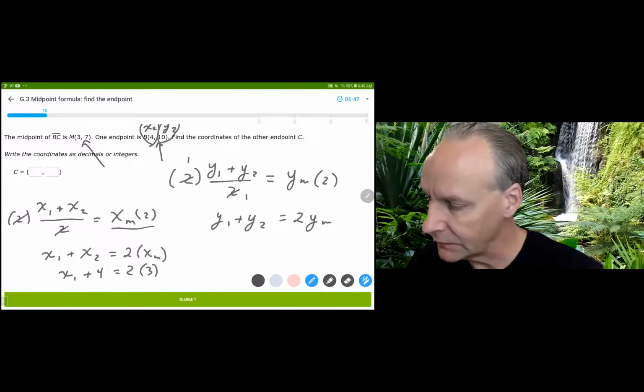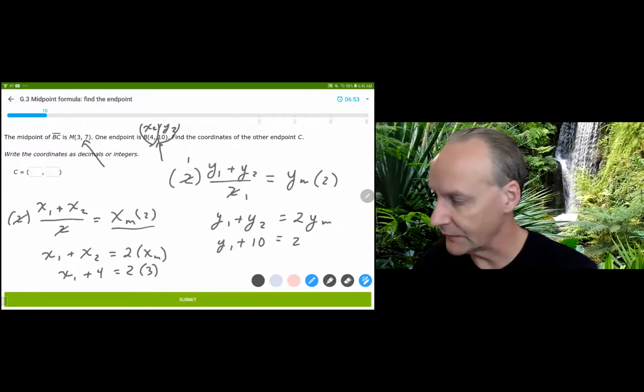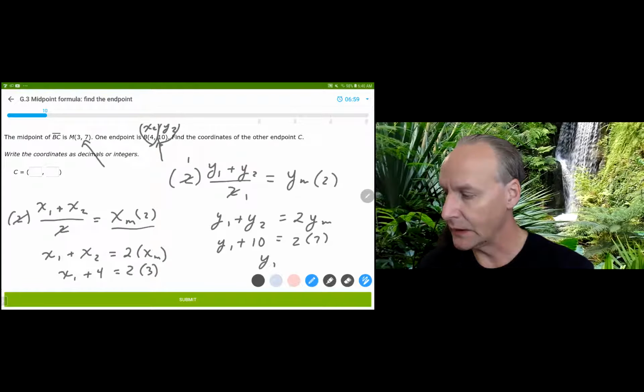And I've got y1 plus 10 is equal to 2 times the midpoint y, which is 7. And y1 plus 10 is equal to 14, so y1 is equal to 4. And in this one, I subtract the 4 from both sides, and I get x1 is equal to 6 minus 4, which is 2. So I have 2, 4.